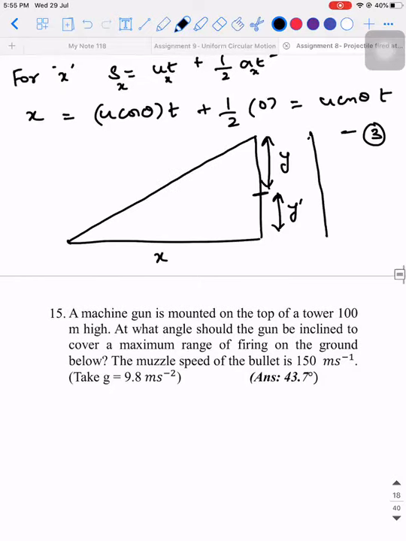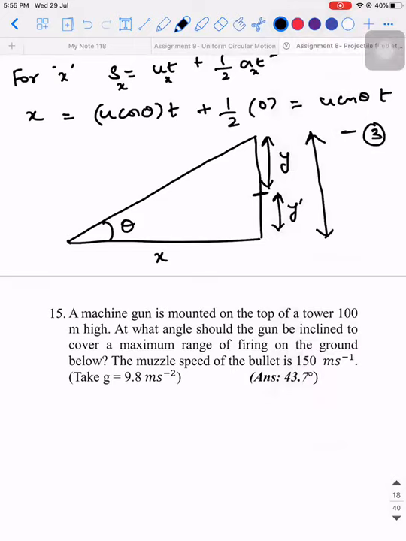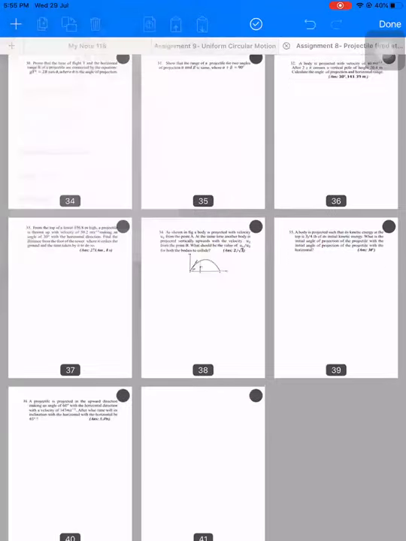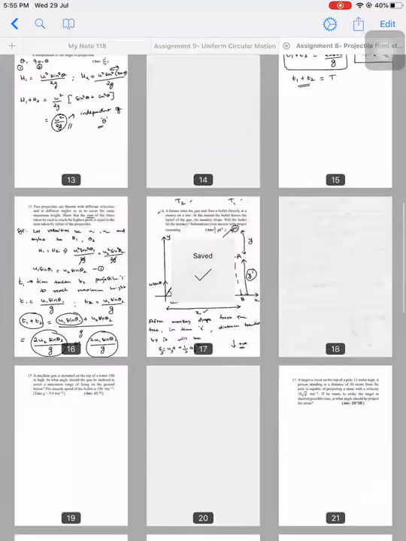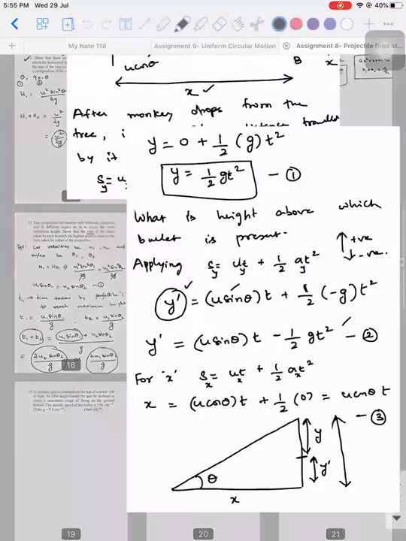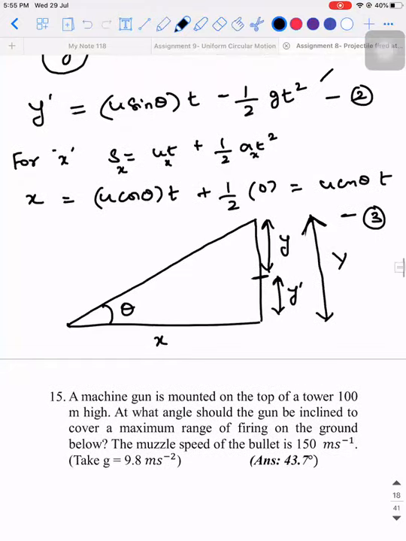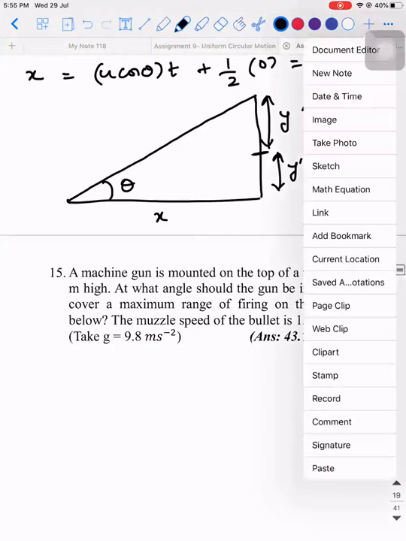Now, how much is this total distance going to be in terms of x? If I take this as capital Y, then what is capital Y divided by x?